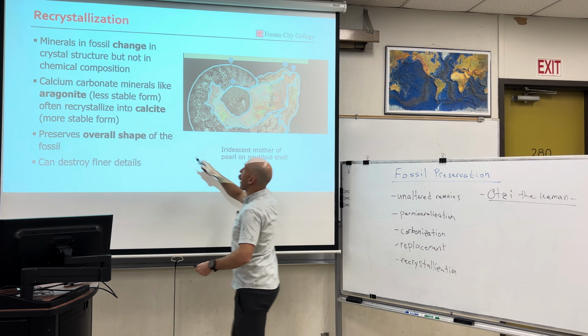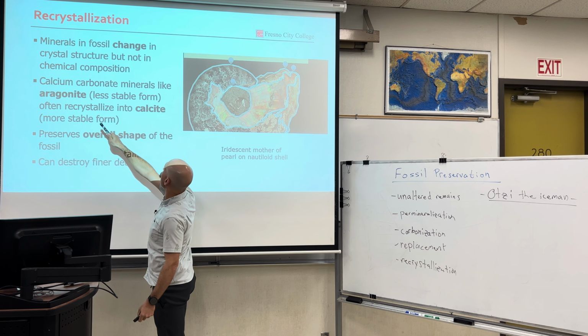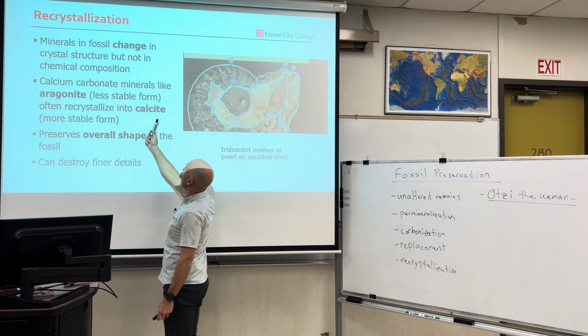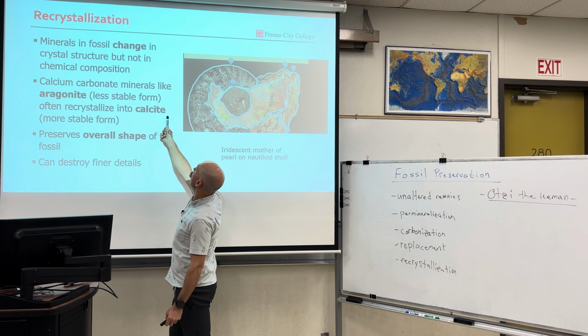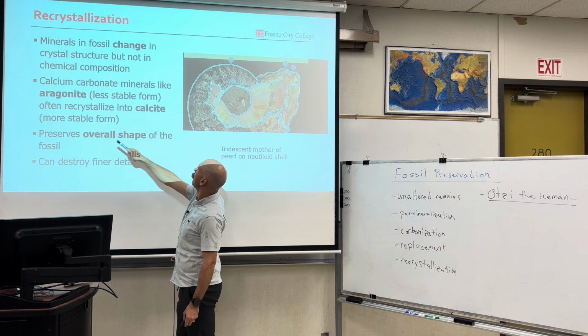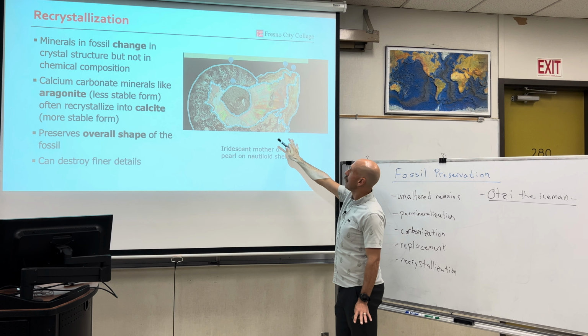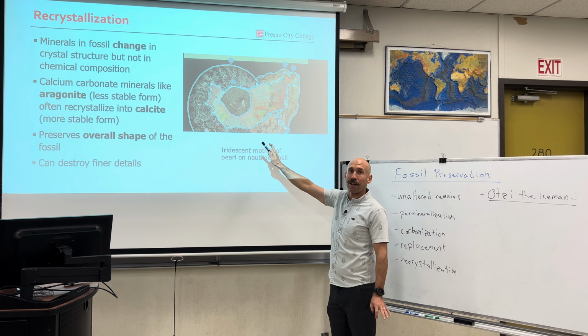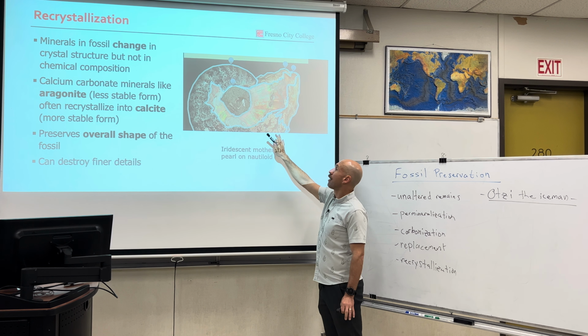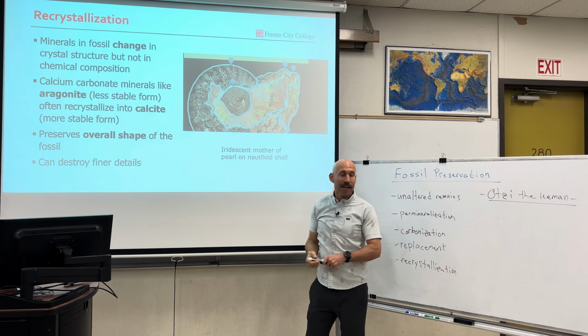So you have calcium carbonate turning into aragonite, or rather, calcite becoming aragonite. The overall shape is preserved. Maybe you don't get the finer details, but you still get a lot of understanding for what the original organism did look like.